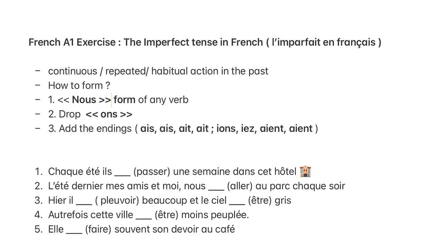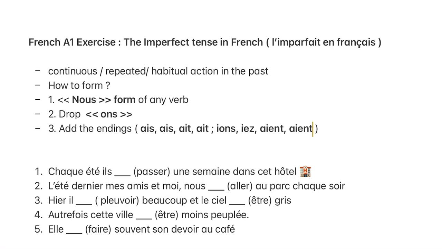Then we focus on the conjugated verb and drop the ons and simply add the endings, that is AIS, AIS, AIT, AIT, IONS, IEZ, AIENT, AIENT. So we add the endings with respect to the subject or the subject pronoun.